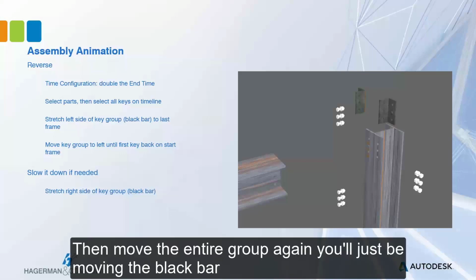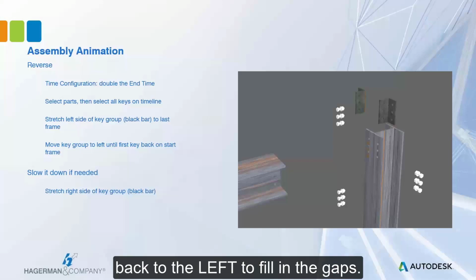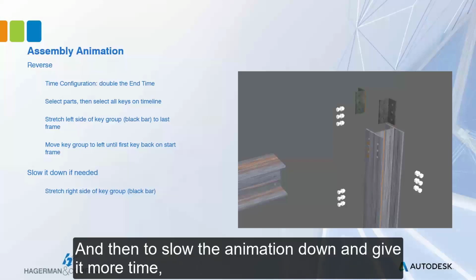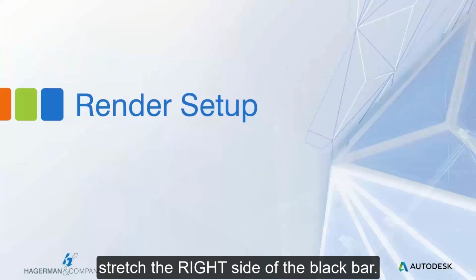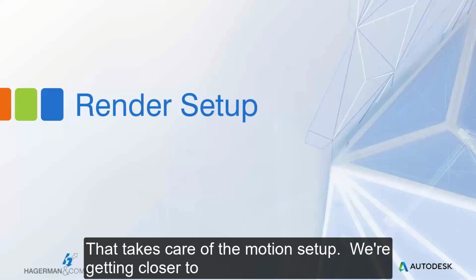And then you'll move the entire group. Again, you'll just be moving the black bar back to the left to fill in the gaps. And then to slow the animation down and give it more time, we stretch the right side of the black bar. That takes care of the motion setup or the animation setup.